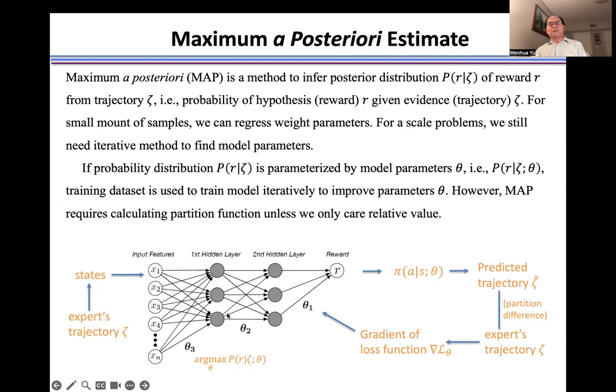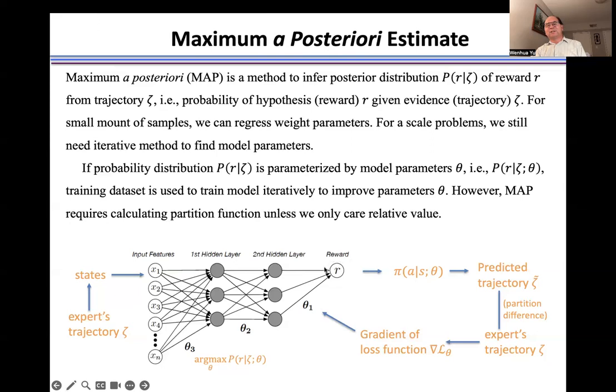We need to use the maximum posteriori estimate model to estimate the reward function. Similarly, because we don't know much information about this initially, we need to randomly pick a theta distribution as the initial theta distribution to estimate this reward R. However, this is R, so we don't have a ground truth to update these model parameters.